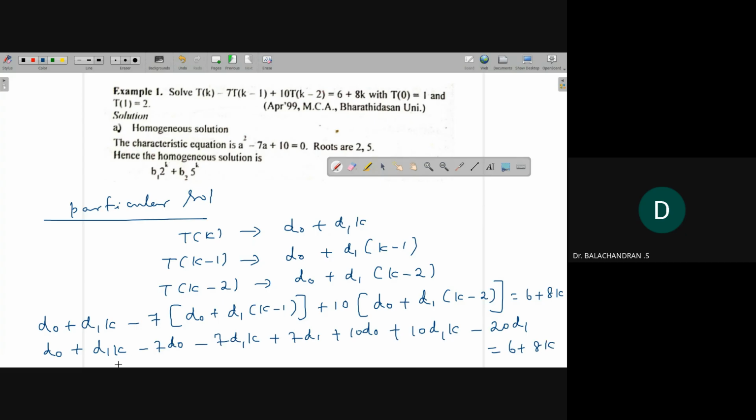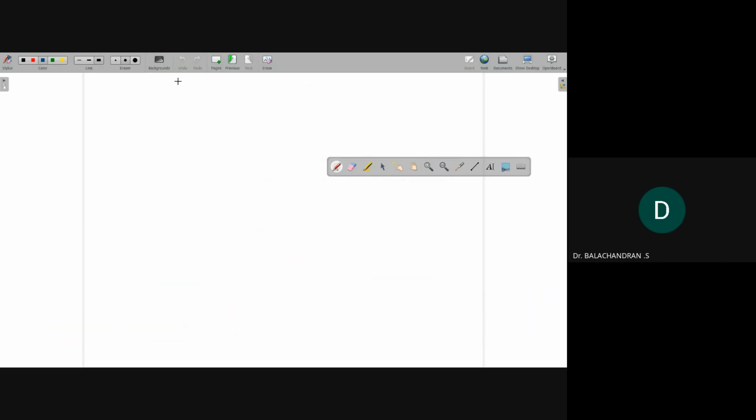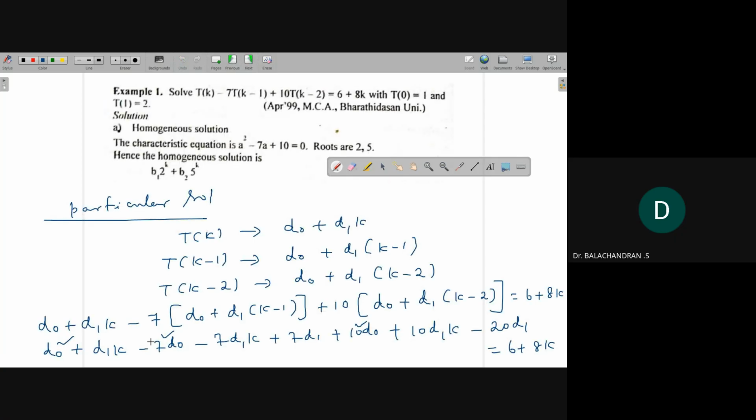Now collect the terms independent of k. First d naught: 11 d naught minus 7 d naught, so 4 d naught. Now d1: 7 d1 minus 20 d1, so minus 13 d1.